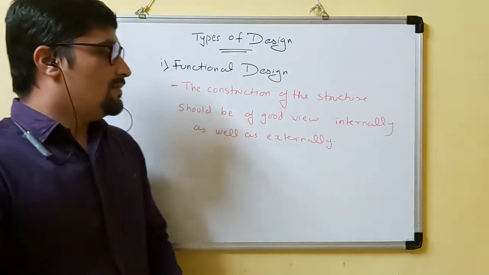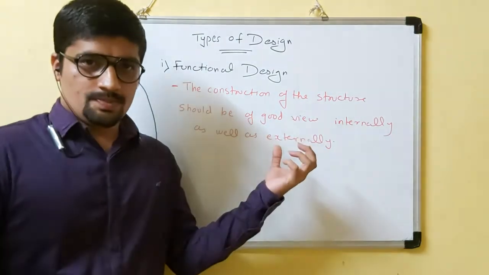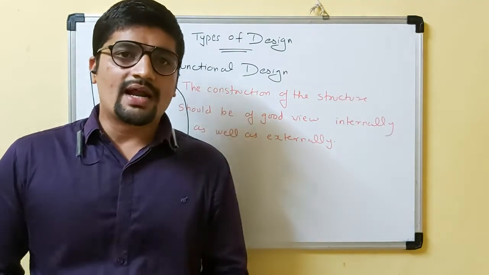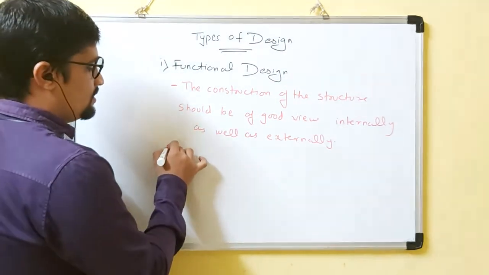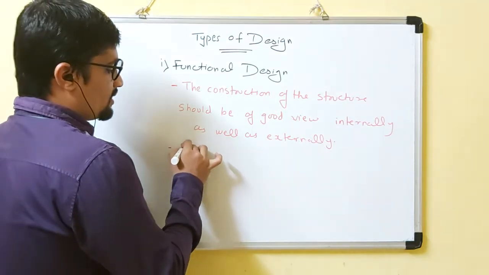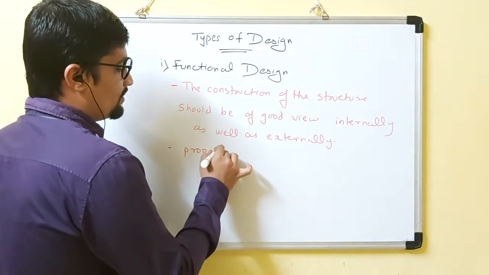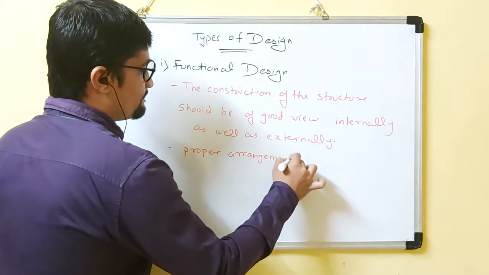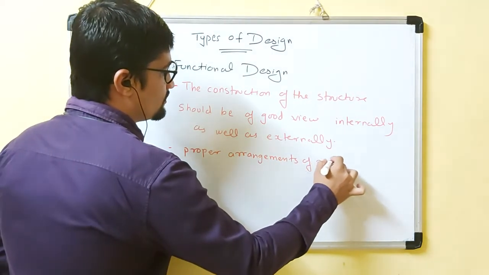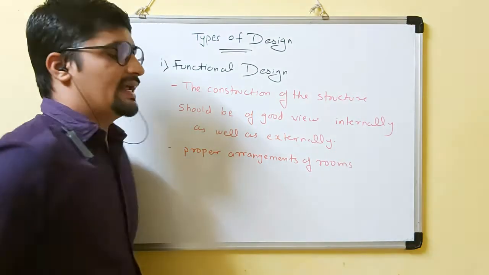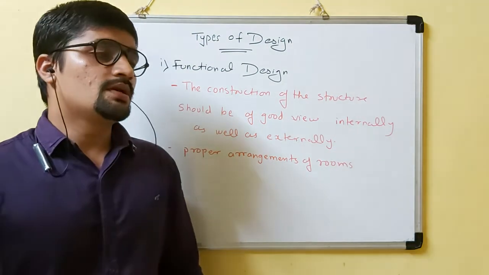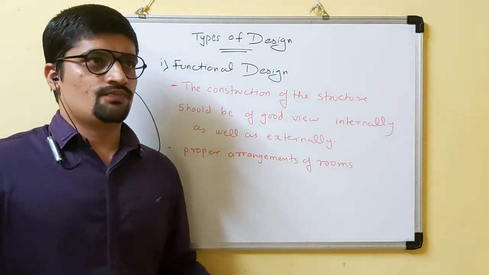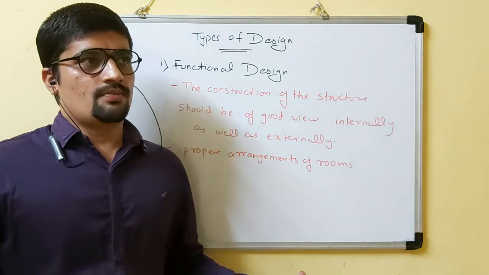So for making a good view, we need to set up criteria. The criteria like proper arrangements of rooms. Proper arrangements of rooms means we need to arrange our rooms properly in a functional way.